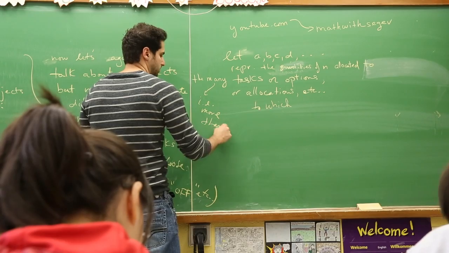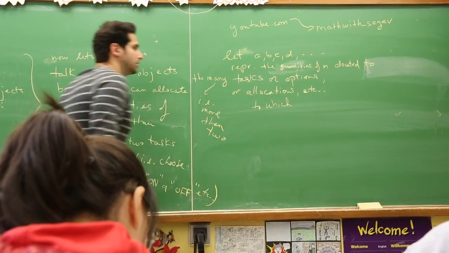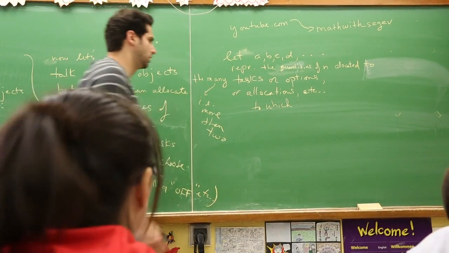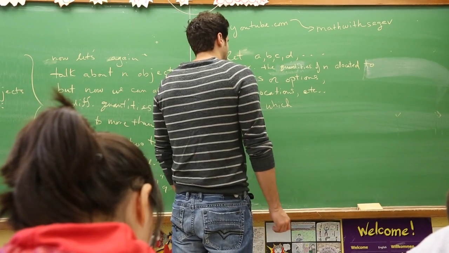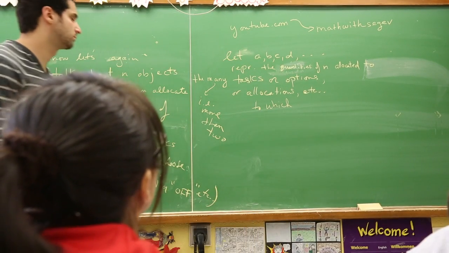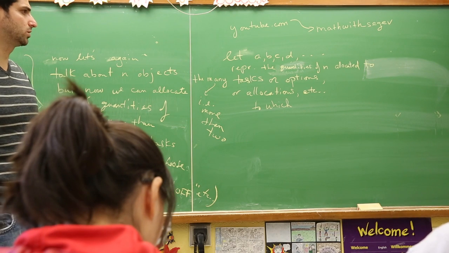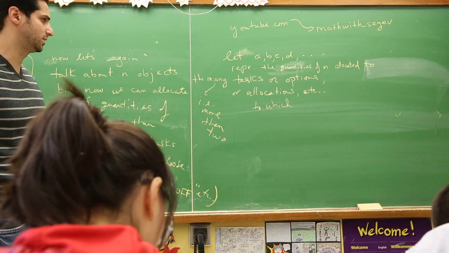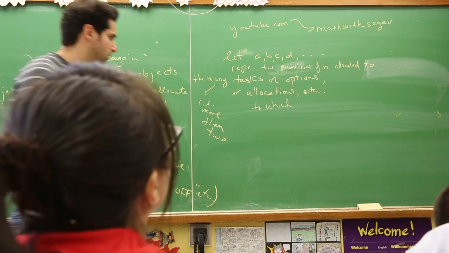It'll make sense as we get into tasks or options or allocations. A, B, C, D represent the quantities of n allocated to the many tasks or options or allocations.